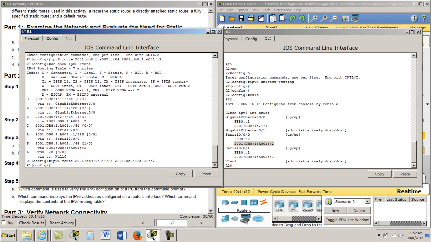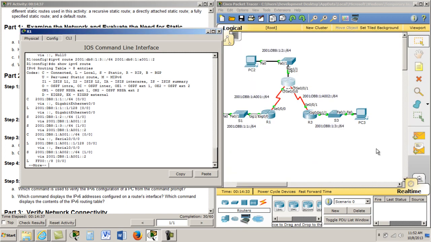And again, we can do a show ipv6 route to make sure that route is indeed in there. Which one was it we were adding? We were adding this 1:3, and here we have the static route entry for the network 2001:DB8:1:3 via 2001:DB8:1:A001::2, which is our next hop ID.